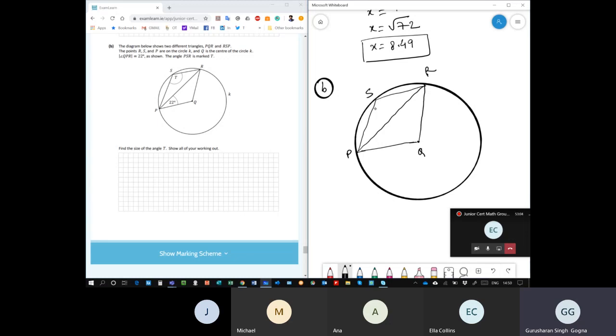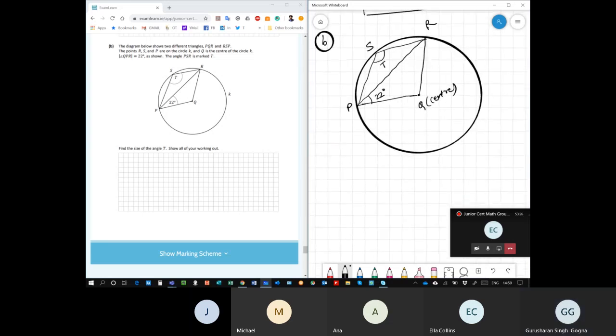This is S, and this angle is T. This angle is given 22 degree. That's all given in the question. The important part is this is the center. Find the size of the angle T. Show all of your working out. So you need to show the workings properly.